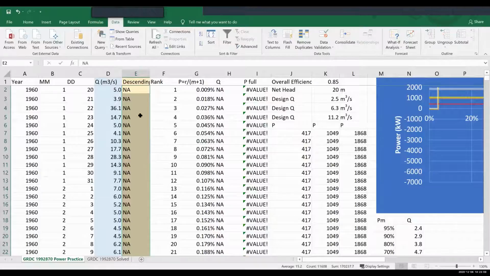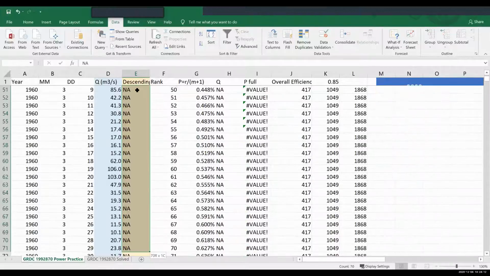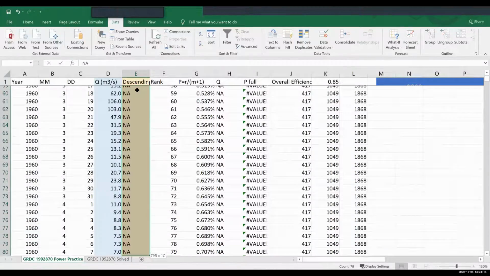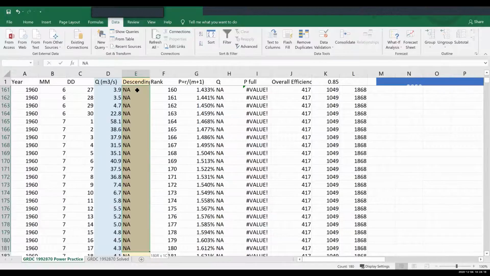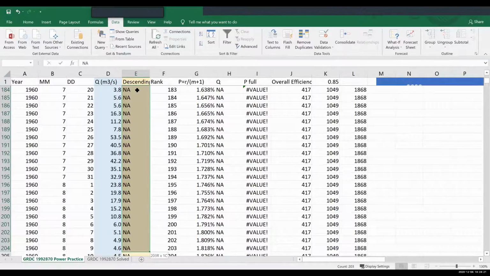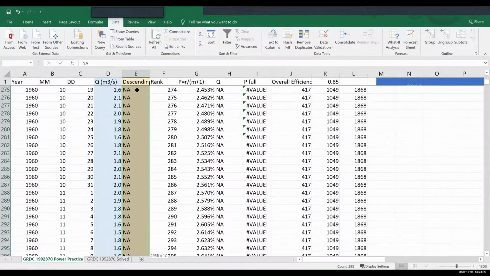Now, one thing I noticed was this data has some not-available values also. There are two ways. You can delete this data, because if there are very few and scattered in different years, it is no problem to delete them.